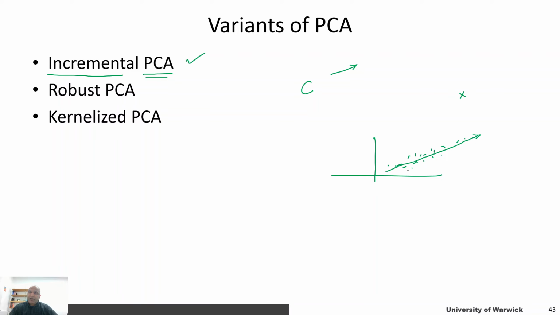The occurrence of a single outlier over here is going to change this projection direction and have an impact on that. So you may not be able to uncover the true structure of the data if there are outliers. And if you're not familiar with the concept of outliers, I'll be happy to explain.